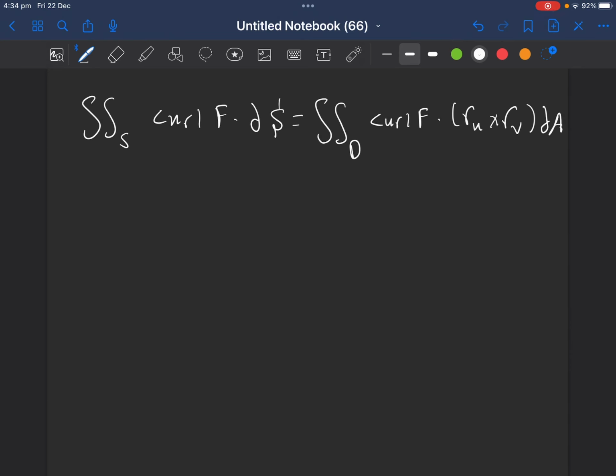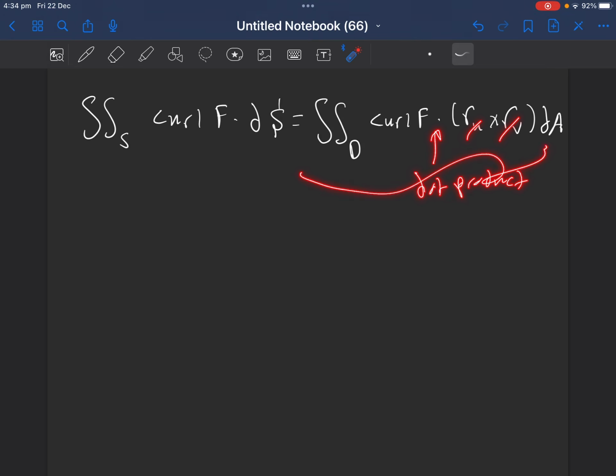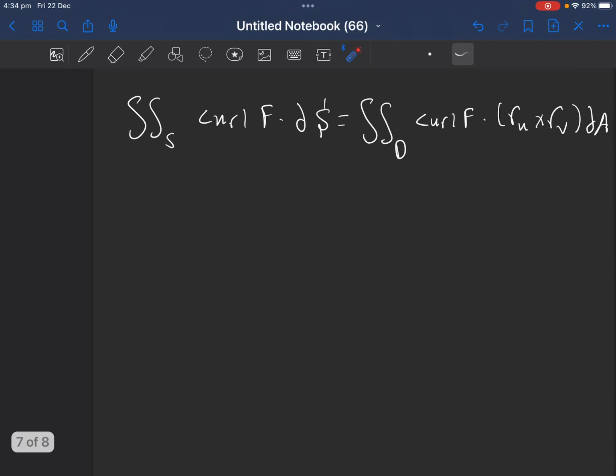So what we need now to do is find r_u, r_v, find the cross product, and then we will get a double integral that we can solve separately by all the methods that we have. So let's find r_u, r_v, and then the cross product, and then we will do the dot product with curl of F.